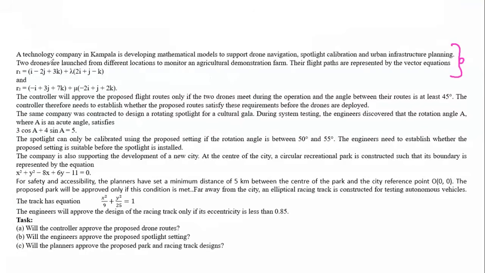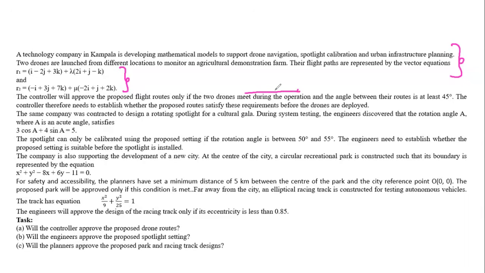So here they are telling us that we have two drones launched from different locations, and these drones are going to monitor the demonstration farm. These flight paths are represented by the vector equations. These are the two equations. Now they are asking that the controllers will approve the proposed flight routes only if the two drones meet during the operation.